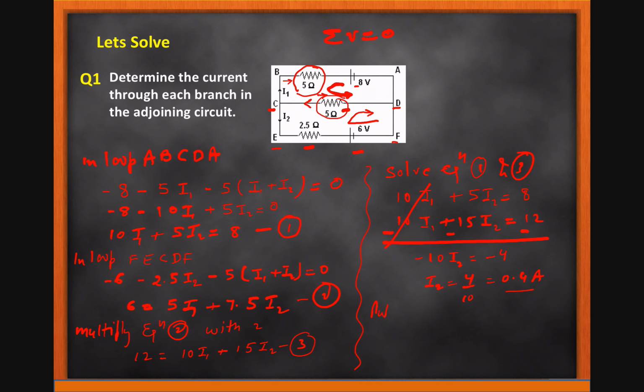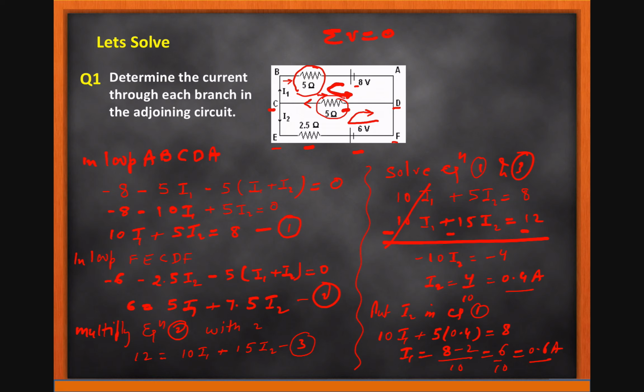If we put I2 in equation 1, we will get 10 I1 plus 5 into 0.4 is equal to 8. So I1 is equal to (8 minus 2) by 10, which is 6 by 10, equal to 0.6 ampere. So these are the values of I1 and I2 in the circuit.